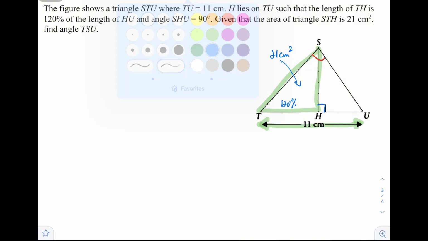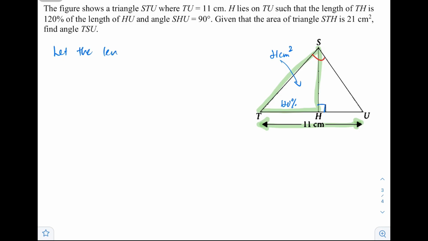Okay, so to do that, we can let the length of HU be x cm first. Then we know that TH must be 120% of x, which is 1.2 times x.